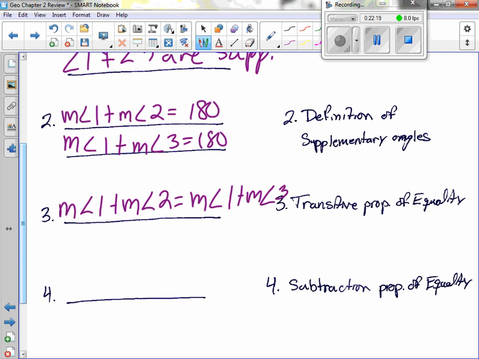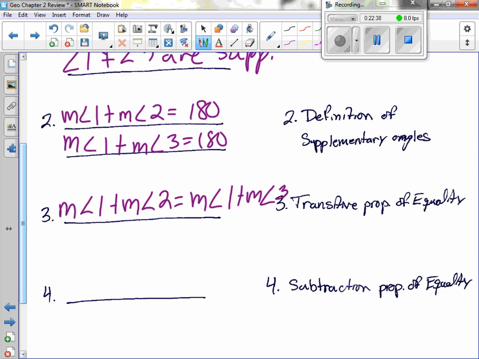Any questions on steps 1, 2, or 3? We good with steps 1, 2, and 3? Yes? I don't understand. What does this equal? Do they equal the same thing?